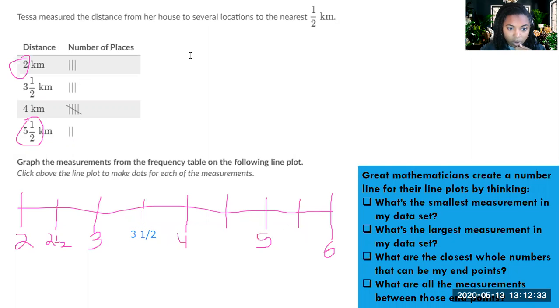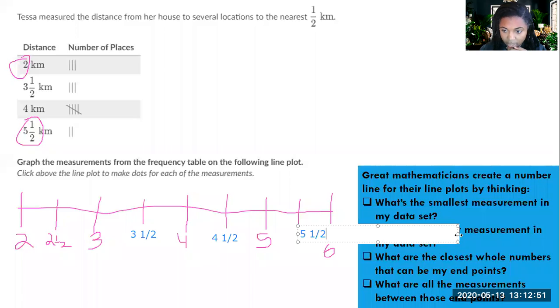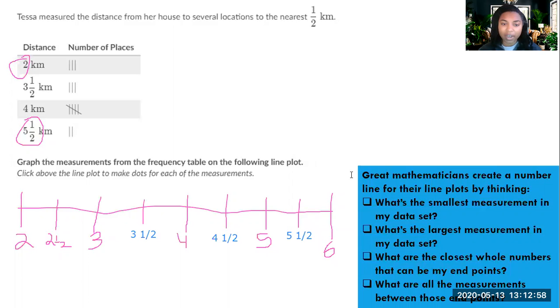Then here would go 4.5, then 5, then 5.5, then 6. Note there are some numbers on here that might have no data.